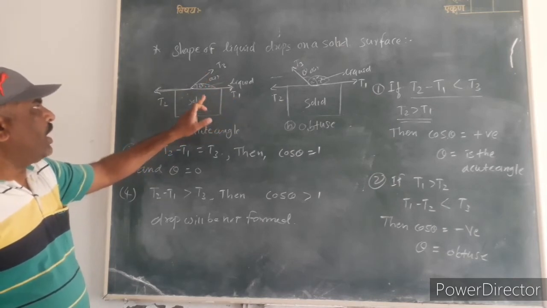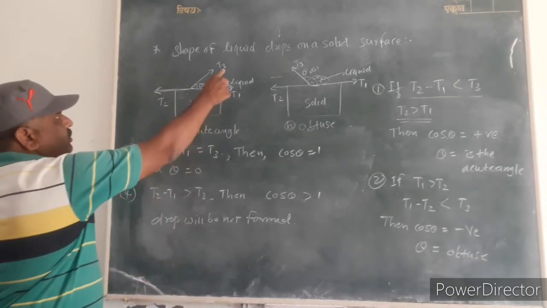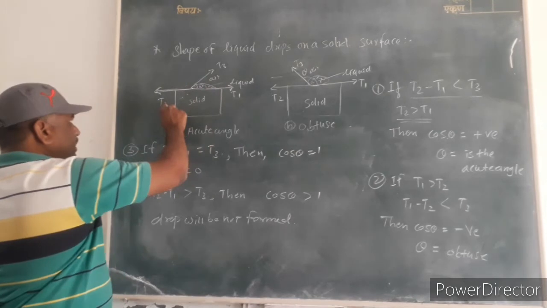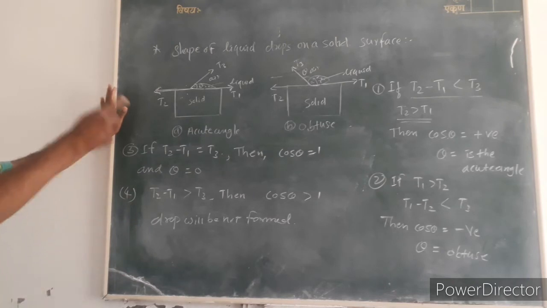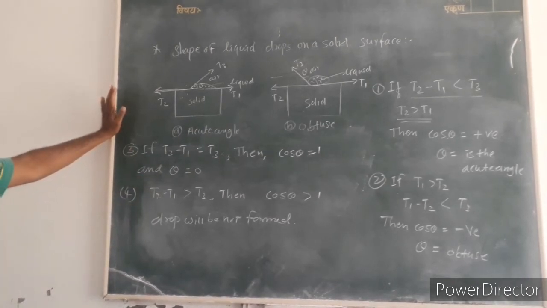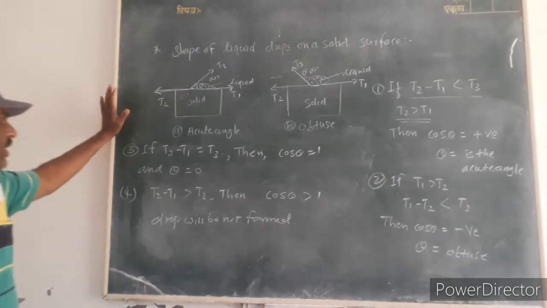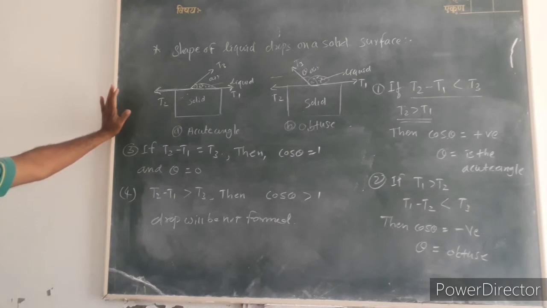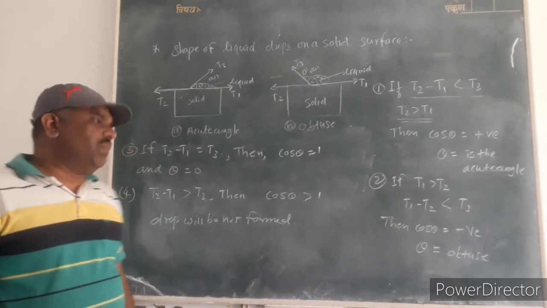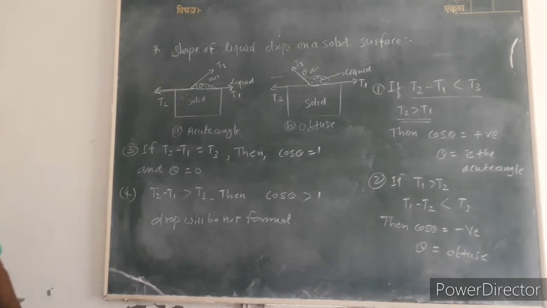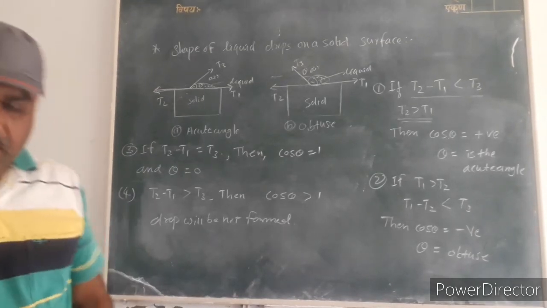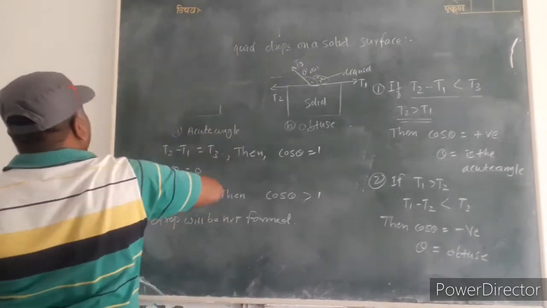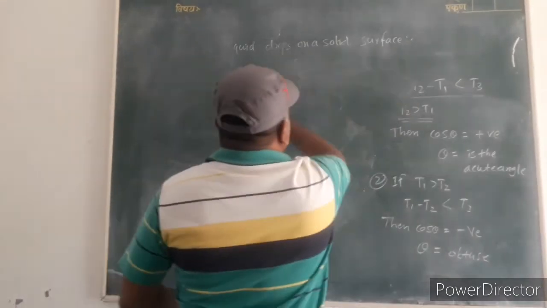T1 is due to the solid-liquid interface, and T3 is due to the liquid-air interface. In the fourth condition, if T2 minus T1 is greater than T3, then cos theta is greater than 1, but this is impossible and the drop is not formed; the liquid spreads over the surface.